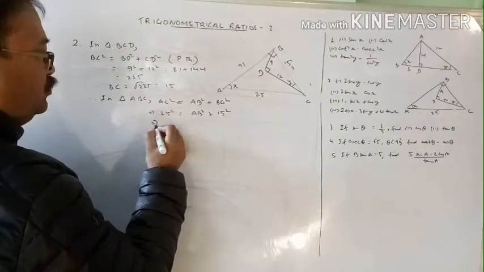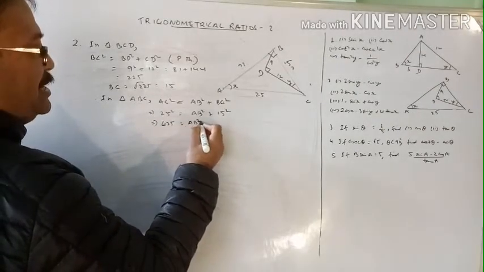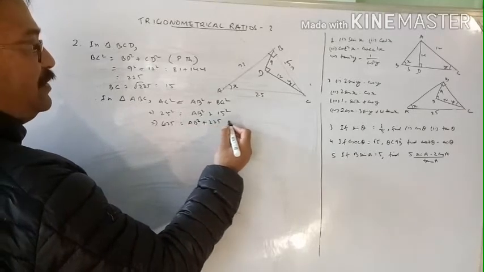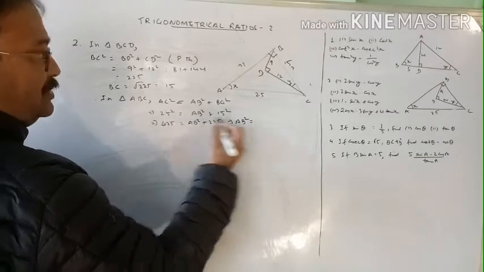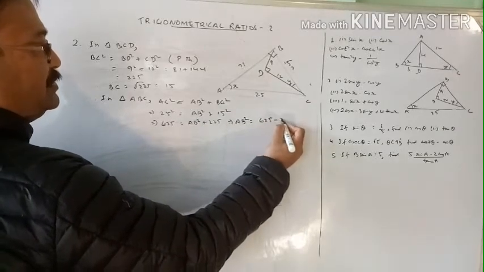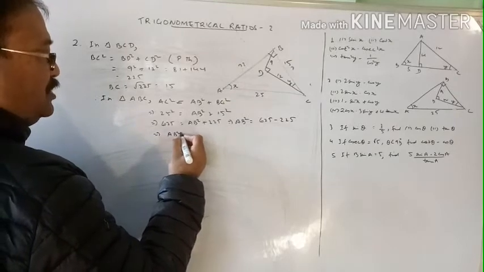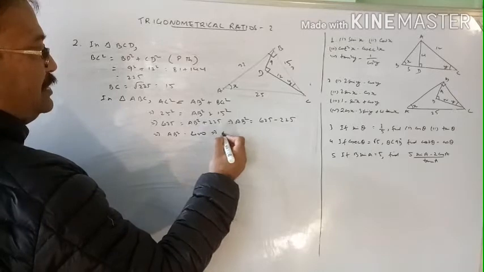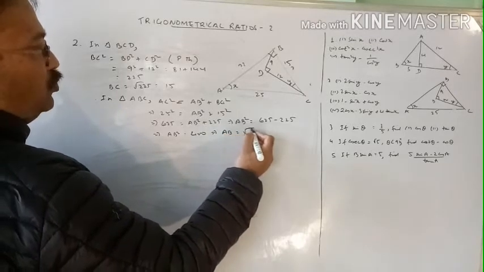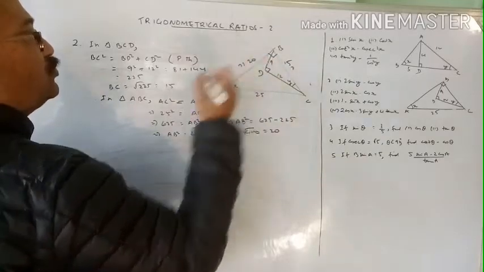This gives 25 square is 625 equal to AB square plus 225. So AB square equals 625 minus 225, which is 400, implies AB equals root over 400, that is 20. So we know this side is also 20.